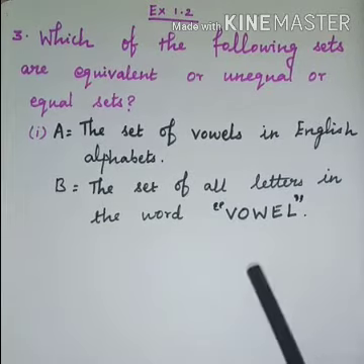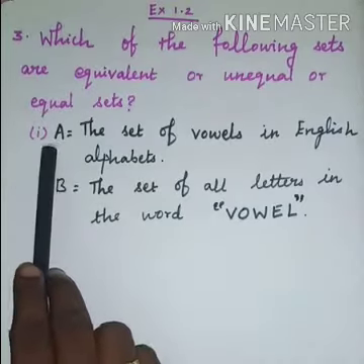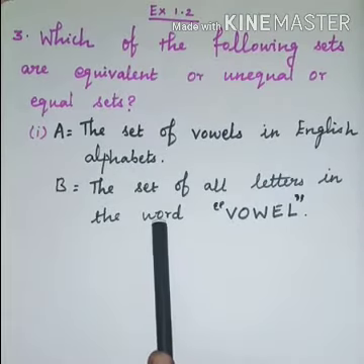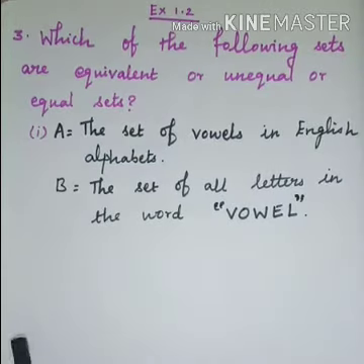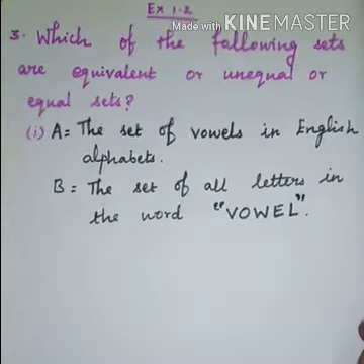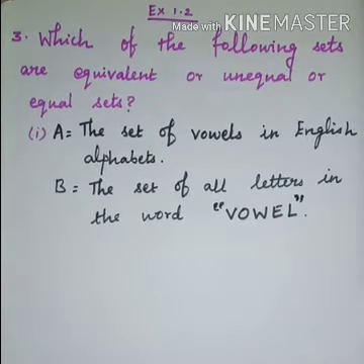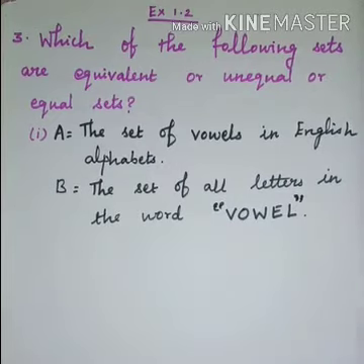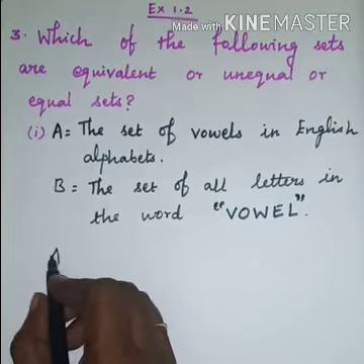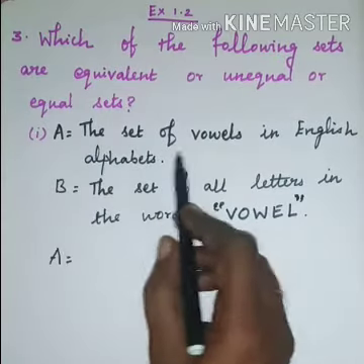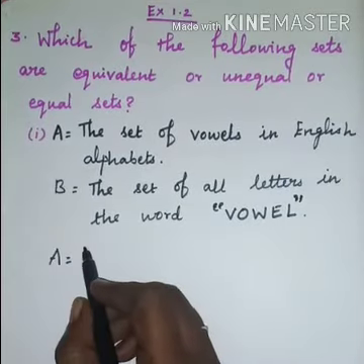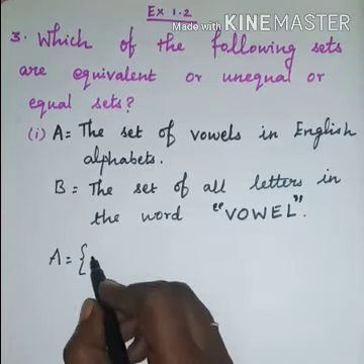Now here the sets A and B are given in descriptive form, so we have to write them in roster form. Then only can we say whether they are equivalent, unequal or equal sets. First, A is the set of all vowels in the English alphabet. What are the vowels?